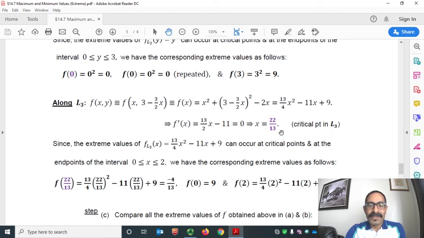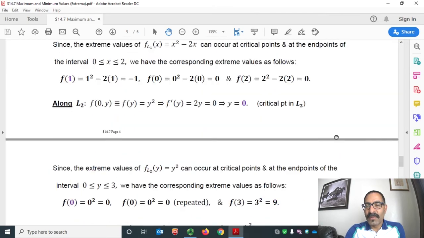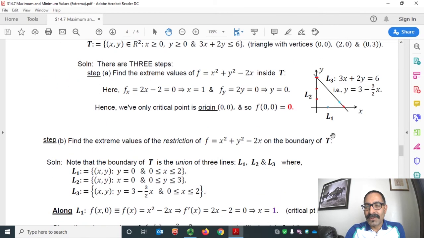So 22/13 is about 1.7. That means we found the point somewhere here. Let me show you in the graph also. So here is the x value 1.7, and the corresponding y value, I think maybe this is about half of 1. So here maybe this is (1.7, 0.5) approximately.